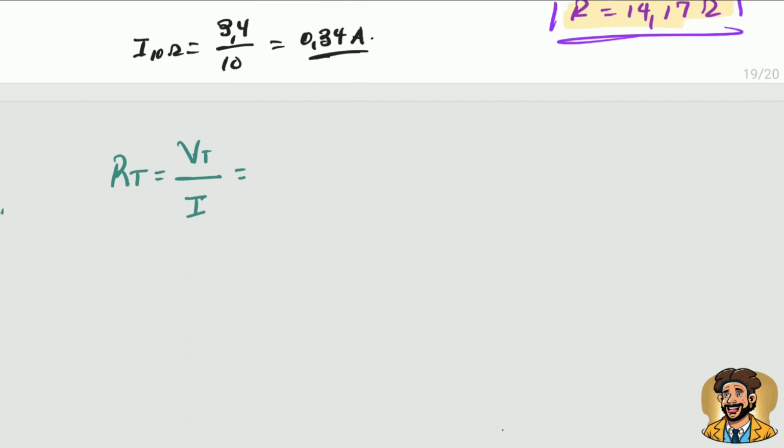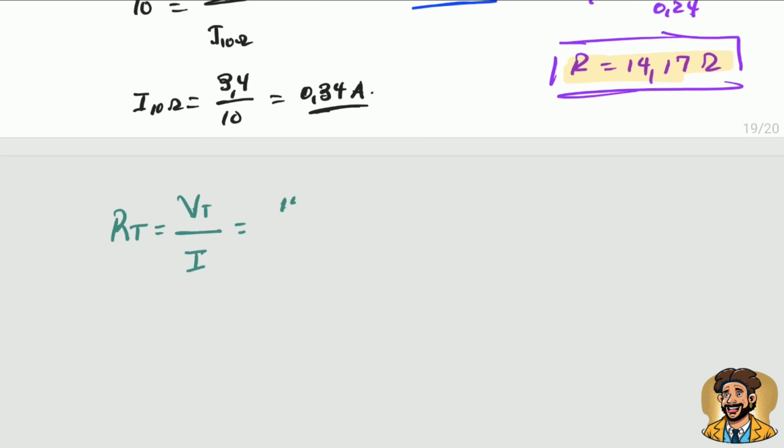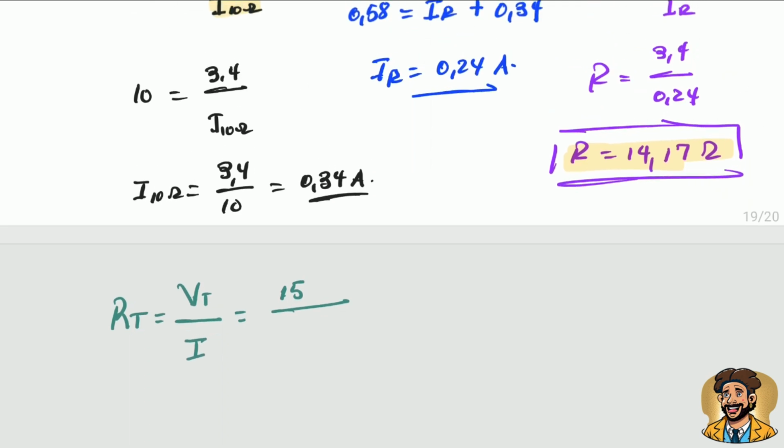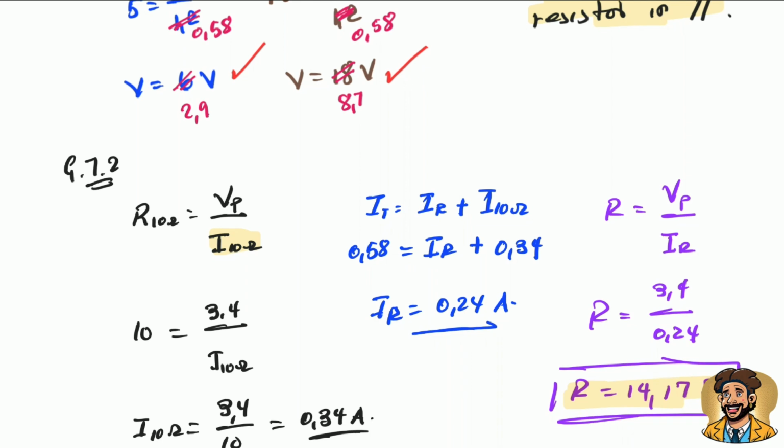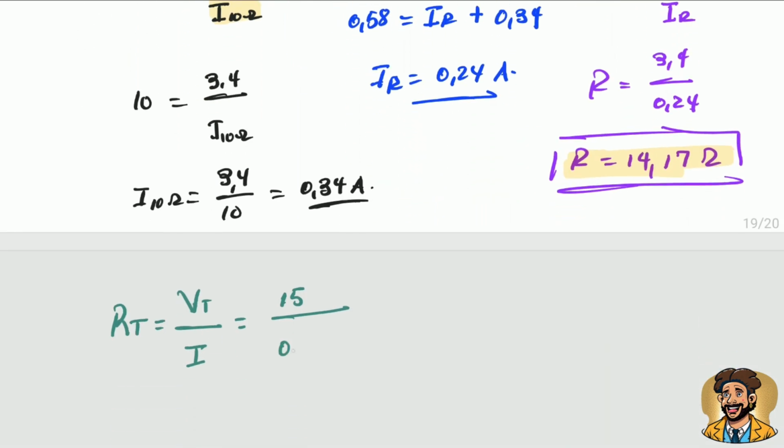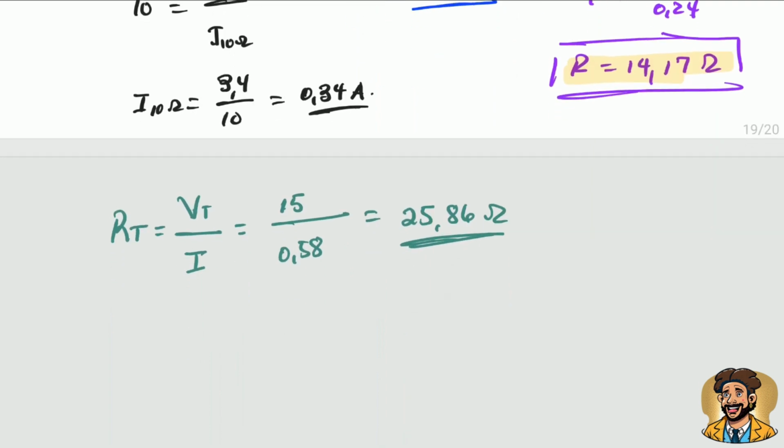V total is the EMF, which is 15. The current, remember, is 0.58. And then you'll get that the total resistance of the circuit is 25.86 ohm.